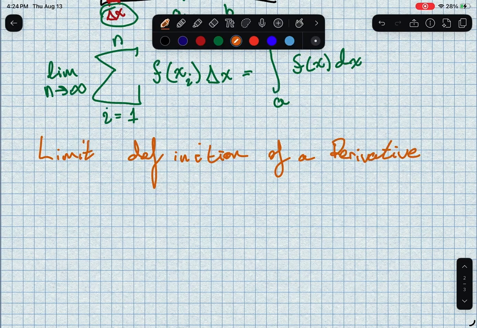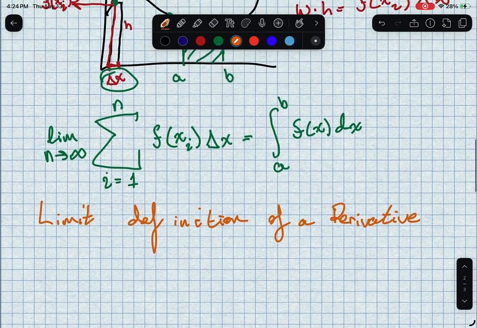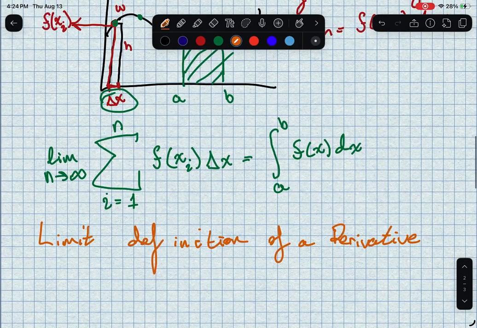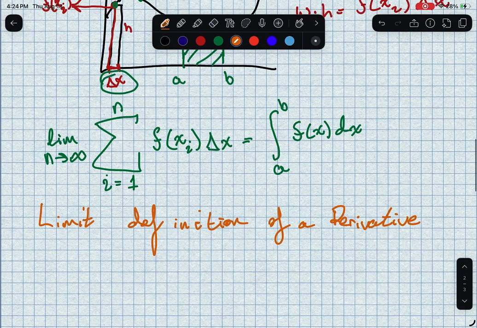It's so important because you need to understand what dx actually is for the derivative. Remember, it's an infinitesimal change, right? Just like delta x is a change along the x-axis, dx is also a change along the x-axis. It's just infinitely small.